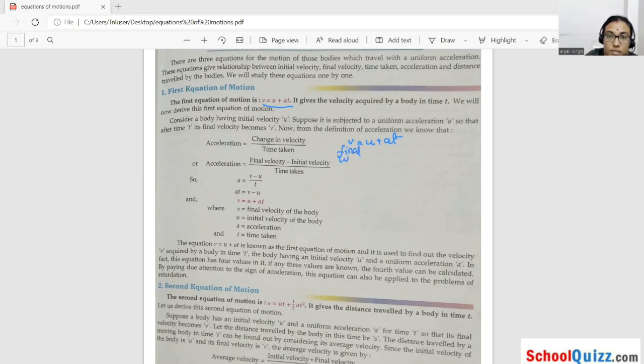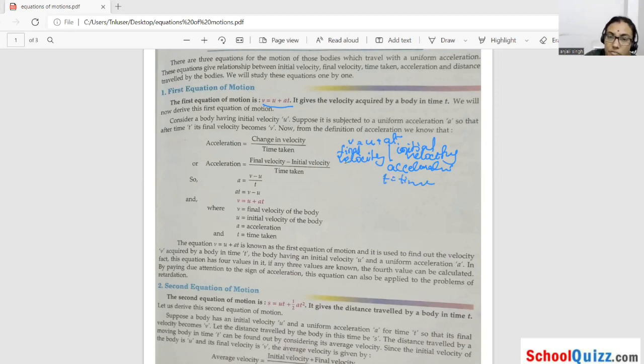U is the initial velocity. As everyone knows, a is the acceleration, t is, everyone knows, that is time.